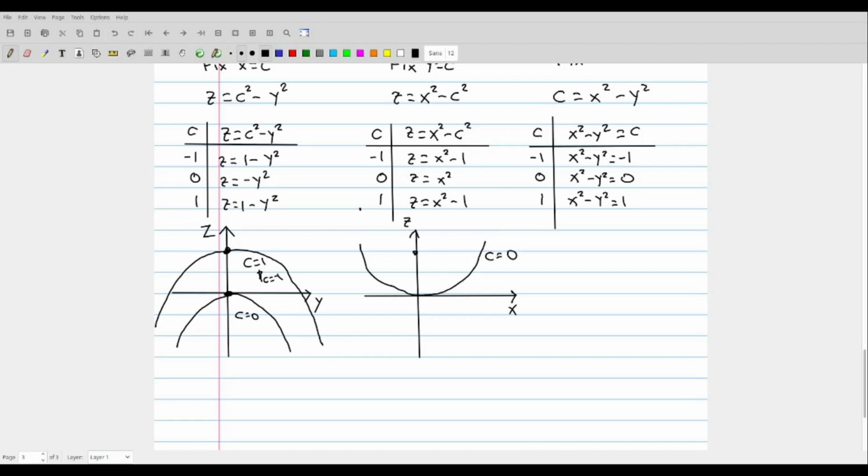And when c equals 1, and when c equals -1 as well, we have an upward opening parabola. Sorry, this should be shifted down by 1 because you have a -1 right there. It's going in the slightly wrong direction right here.